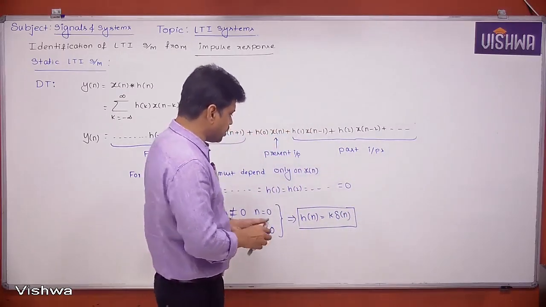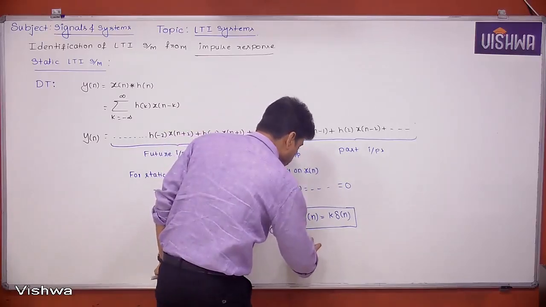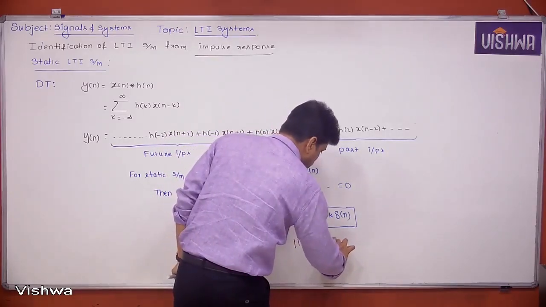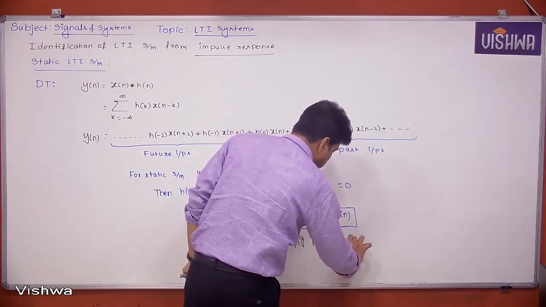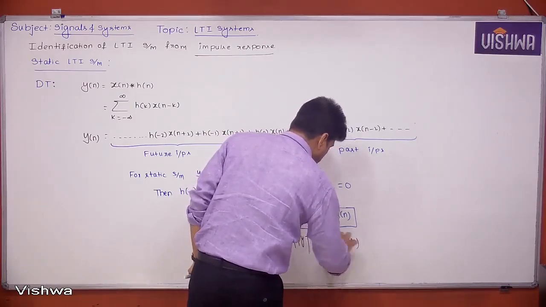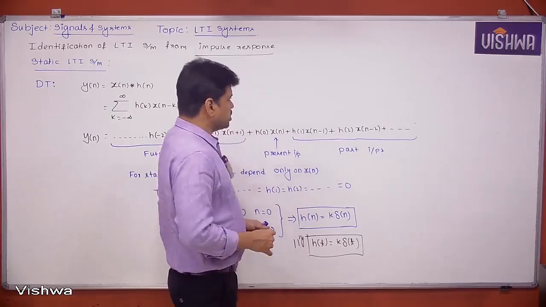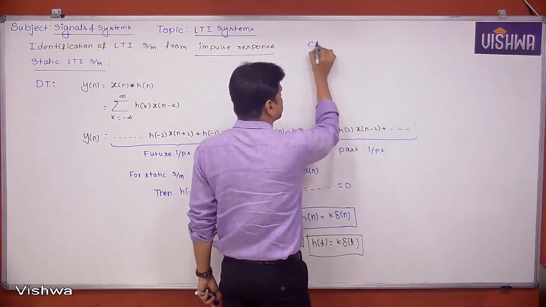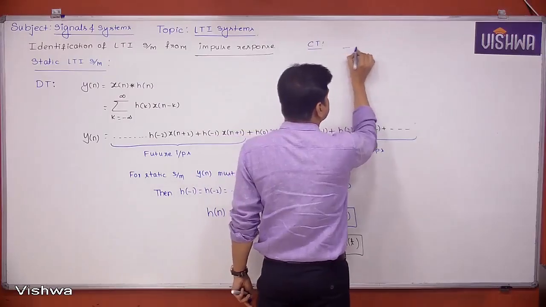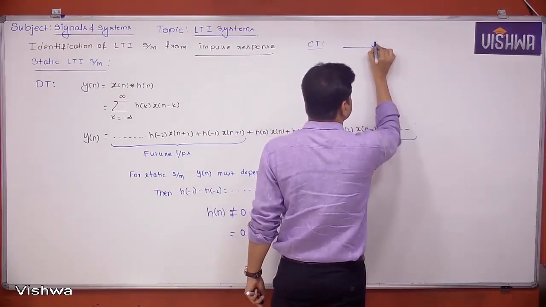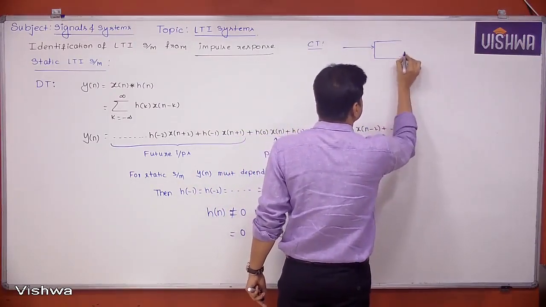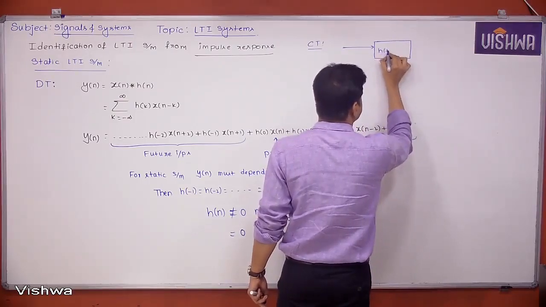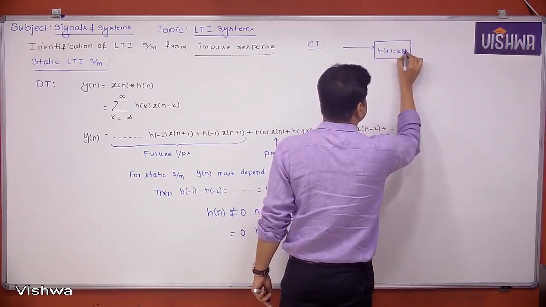In a similar manner, for the continuous time case, h of t is equal to k delta t. If you don't believe it, let me prove it. Suppose for a continuous time system, h of t is equal to k delta t.